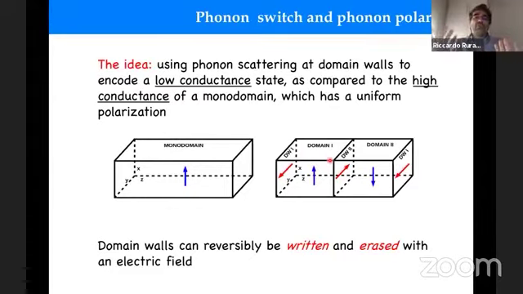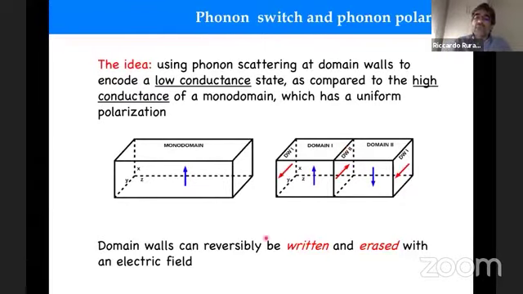The very simple idea is that the uniform case should have a high thermal conductance, because all the phonons are eigenstates of the system, so they can travel unperturbed. Well, as a matter of fact, they have anharmonic coupling, but we'll come to that later. But if you have this kind of boundary, we don't know yet how much, but it will scatter phonons to a certain extent. What is interesting here is that as you can reverse the polarization in one of the two halves of the material, in a way you are writing and erasing the boundary.